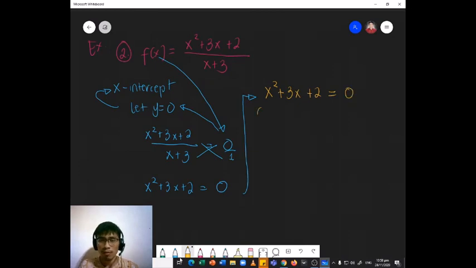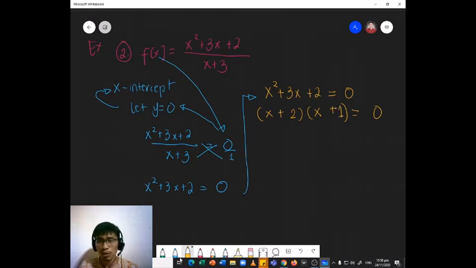We can factor this one out since it is in the power of 2. So let's find the factors of 2 that, when we add, give a result of 3. That is 2 and 1, both positive.